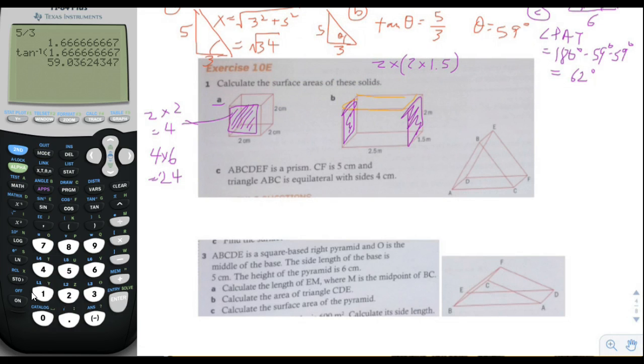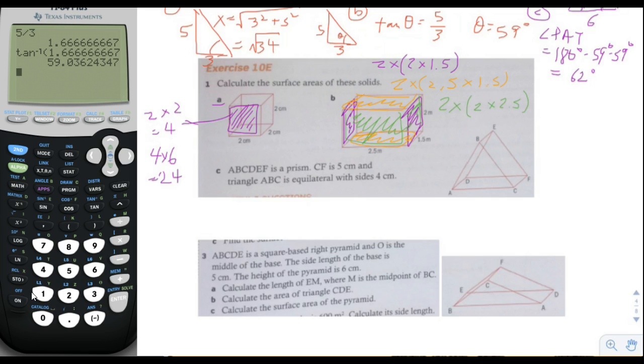So there's the top and the bottom, so there's two of those, so we could have 2 times, and the dimensions are 2.5 and 1.5, so we put 2.5 times 1.5. And then last of all, we've got the front and the back. So the front and the back we'll color green. The front is green and the back is green. So we'll say 2 times, and it'll be 2 meters high and then 2.5 long.